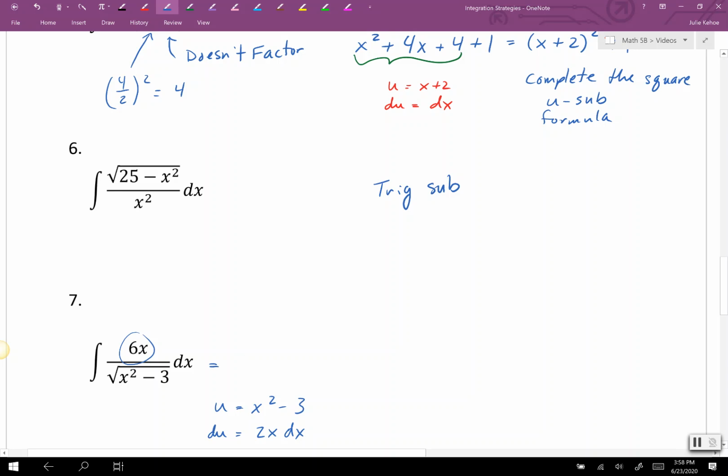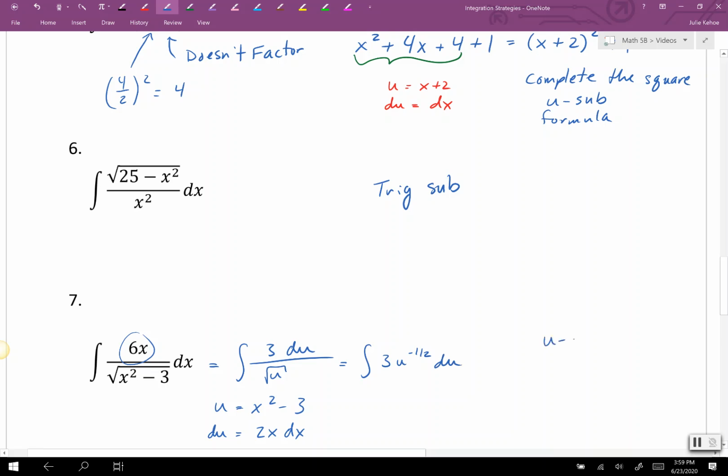If I break up that 6, I'll have an extra 3 up front, and then the x dx will get replaced by du over 2. And then I have the square root of u on the bottom. Now, if that still looks kind of daunting, I can always rewrite that using exponents. So this would be 3u to the negative 1/2 du. And now it's very clear to me that I could just use power rule here and then reverse my substitution.